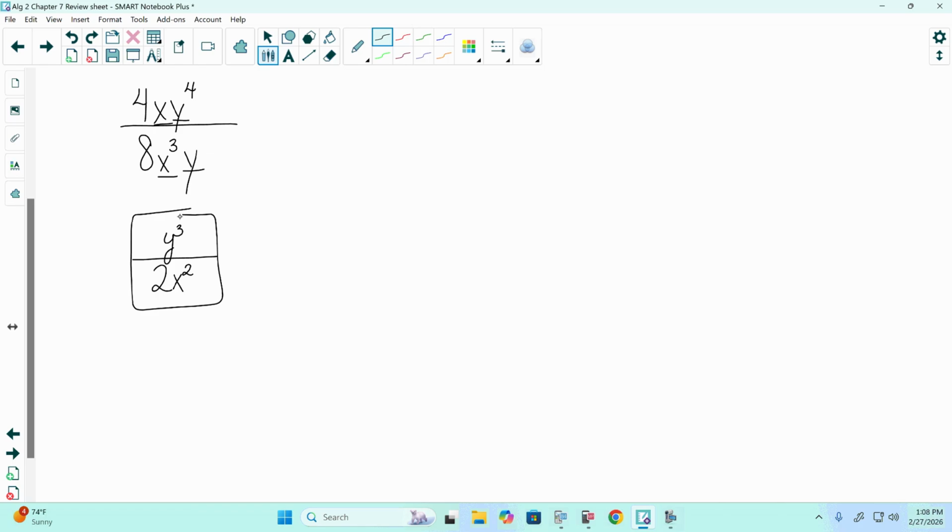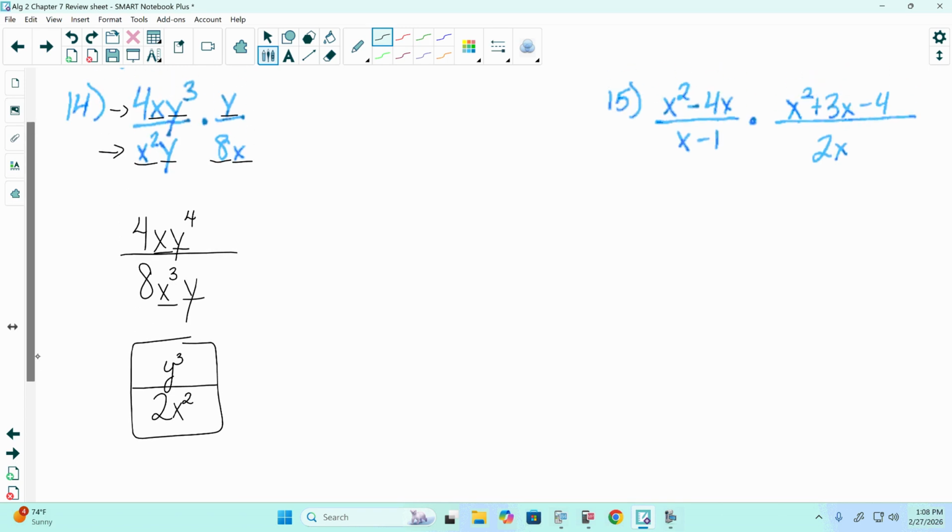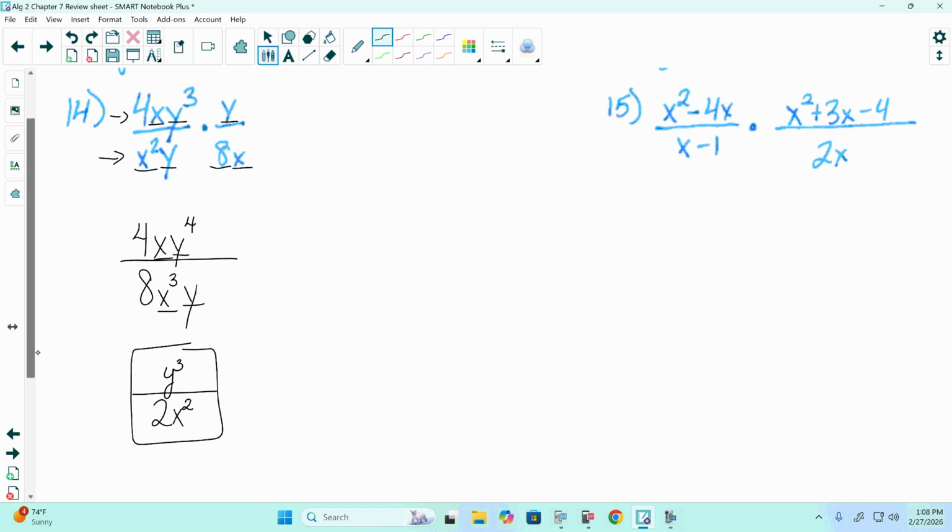And since we have something on top of the fraction, we don't necessarily need that 1. So I don't have to write 1 times y cubed. It's just y cubed. And that's it for 14, or any of them like that.